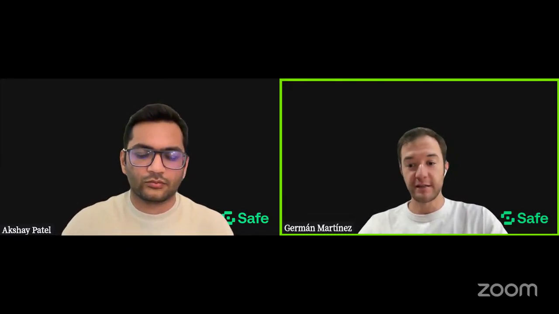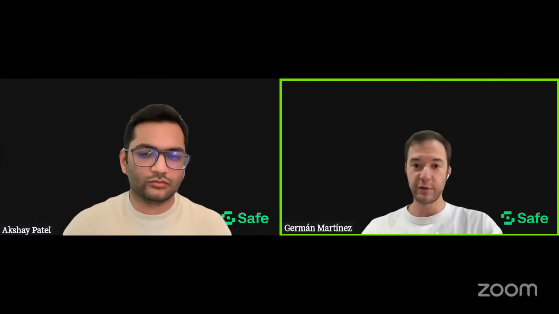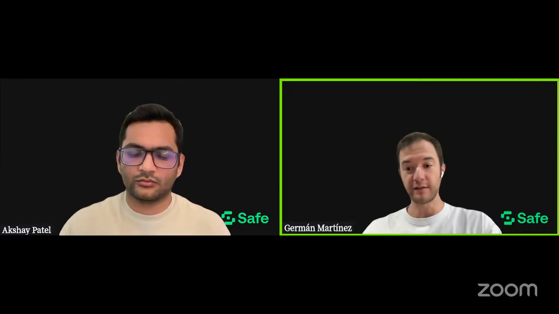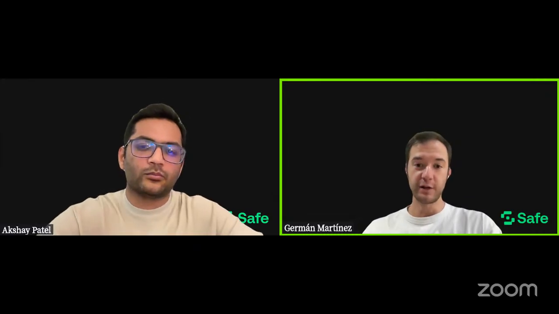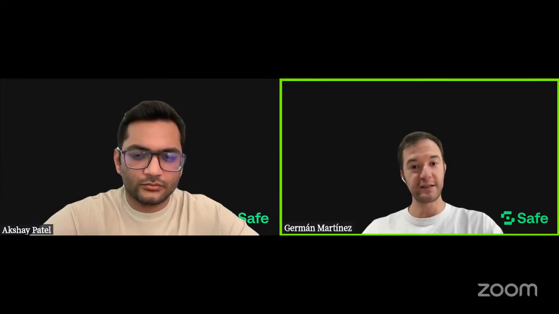Ultimately, this will allow users to integrate their EOAs with the Safe Smart Account, granting them access to all the features that we have without switching to a new wallet entirely. So I think this is what we wanted to present today. Now we have some time for questions, if any.